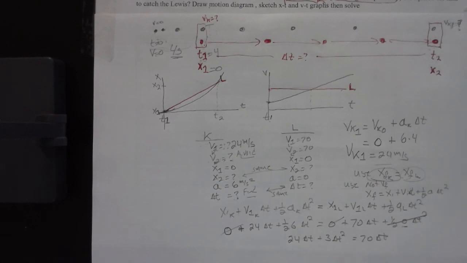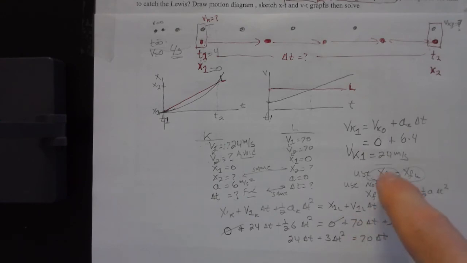When you have these pursuit problems, we have to realize that there's a time that's equal, and there's a position that's equal when they catch. And we use that information to set equal two equations and solve for one of the missing variables.